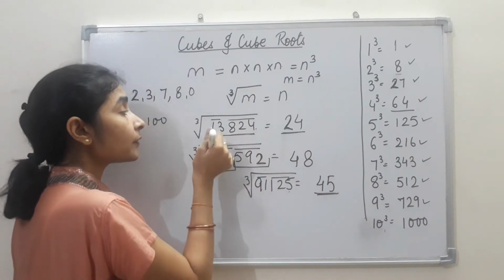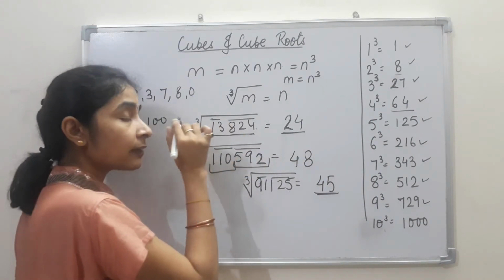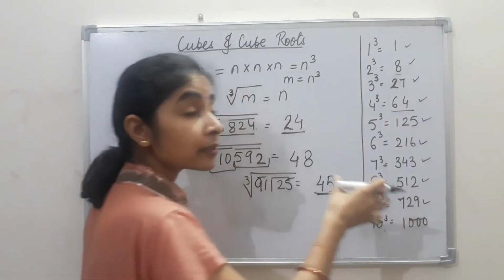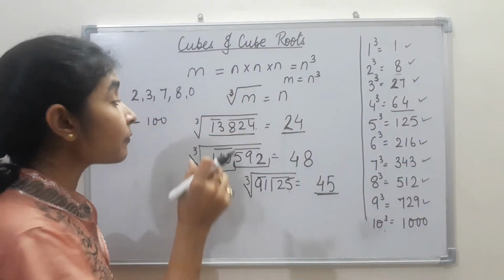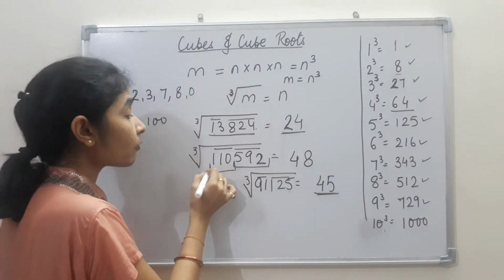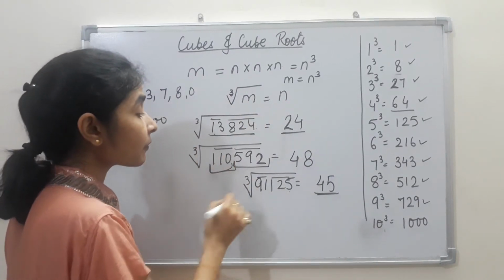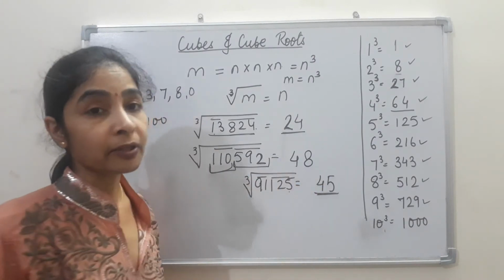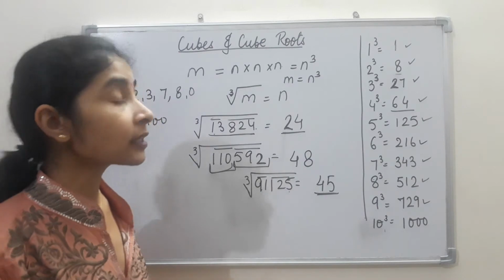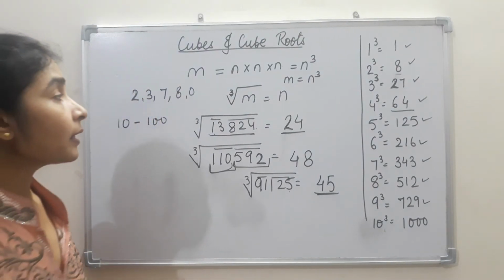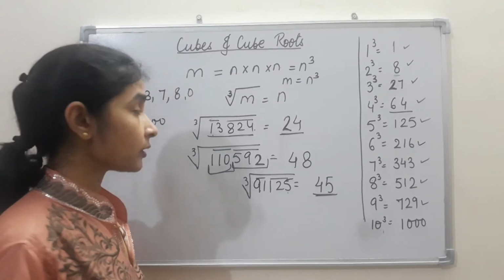After that, for whatever number is left in the second group, we observe which number is the perfect cube before that number. Before 13, 8 is the perfect cube. Before 110, 64 is the perfect cube. Before 91 also 64 is the perfect cube. So that number will come on the tens place. Like this we can find out the cube root of a particular number without actual calculation.